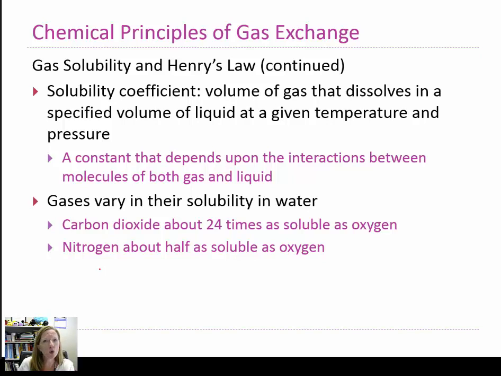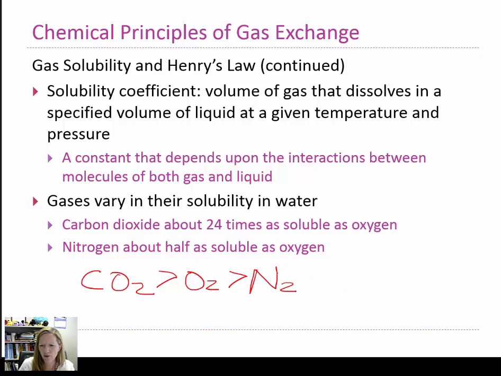Carbon dioxide more readily dissolves in a liquid. It's the most soluble, so it's going to have the highest solubility coefficient. The next is going to be oxygen. Look, it's 25 times more soluble than oxygen. And nitrogen is going to be the least soluble of all those.